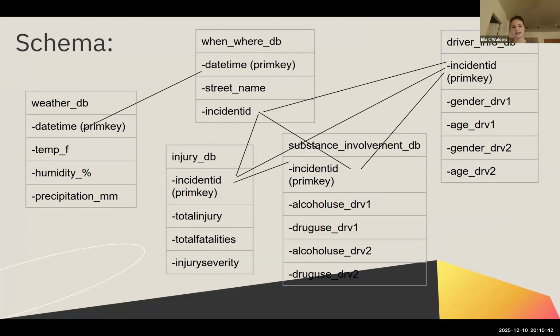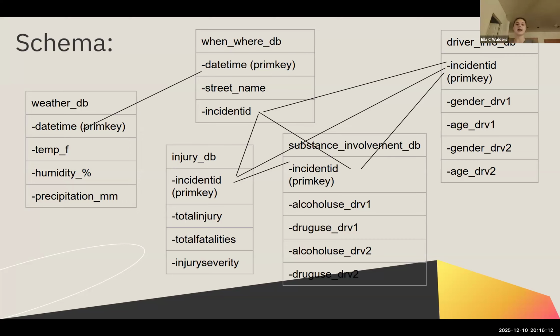The schema that I decided on while I was making my tables, I went with weather, when and where, injury, substance involvement, and then driver information, right? So all the things that are basically about the driver have an incident ID as their primary key.